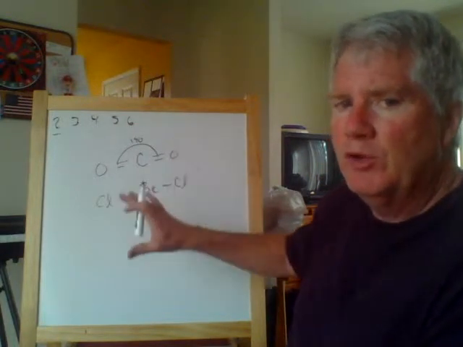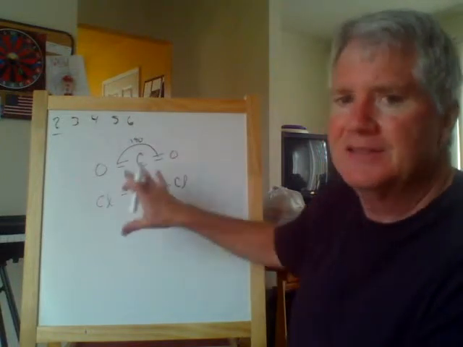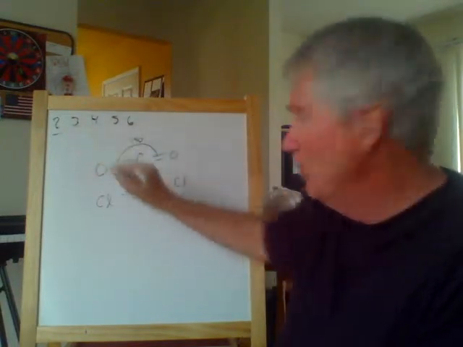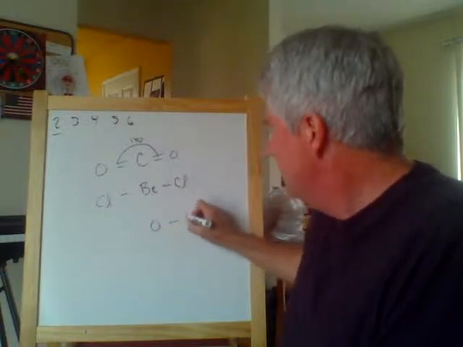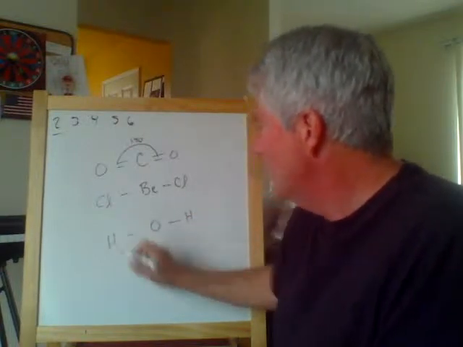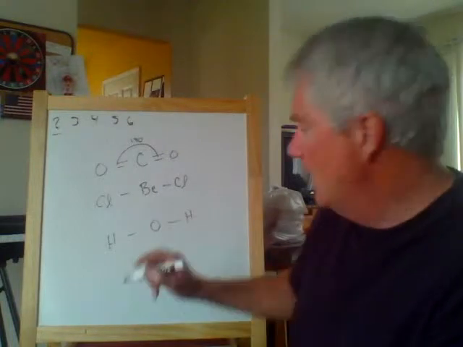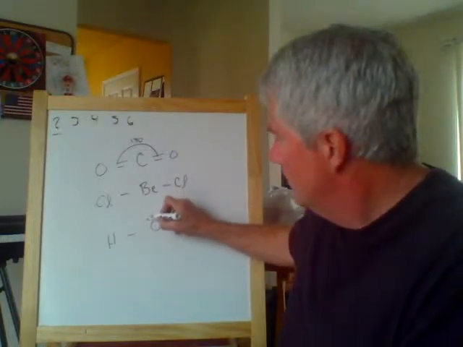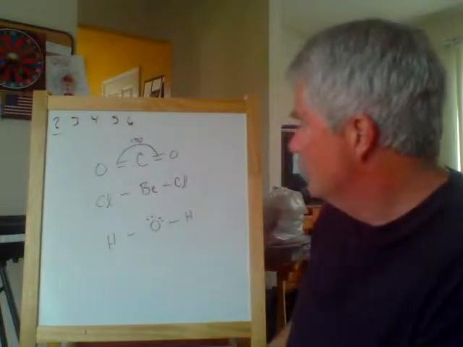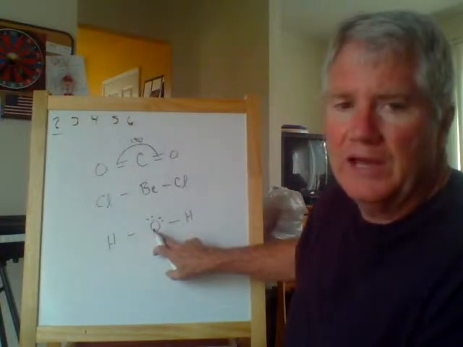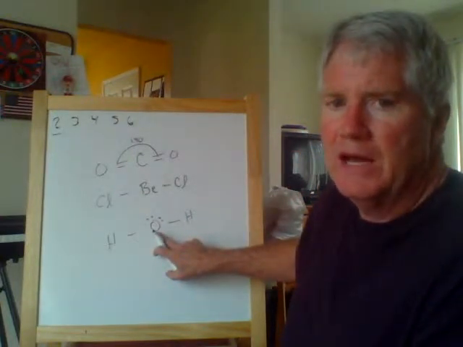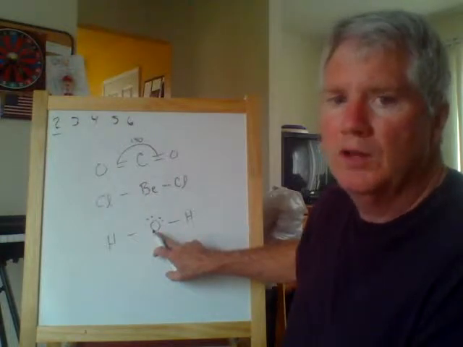Now, I'm going to quickly show an example of something that is not a linear shape because it's not really 2, even though you might think it is. If you look at water, your first reaction might be, oh yeah, water's going to be linear also. But don't forget, water has these 2 extra electron pairs. So looking at the central atom, oxygen, it is not surrounded by 2 electron groups.